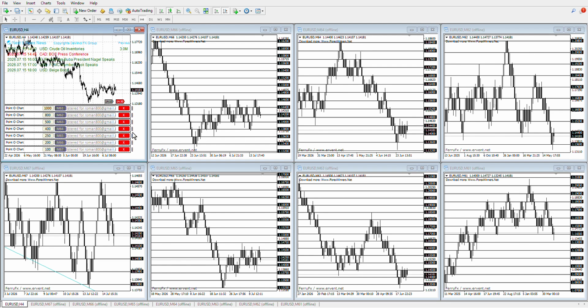But these are Point and Figure charts, and we plot those according to the round number levels: 100, 200, 250, 400, 500, 800, 1000.